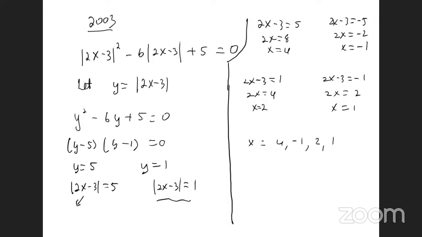This is 2012. I've just given you one as an inequality: modulus of 3x minus 7 is less than or equal to 5. Solve that.